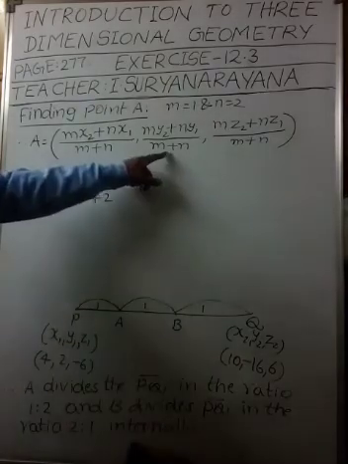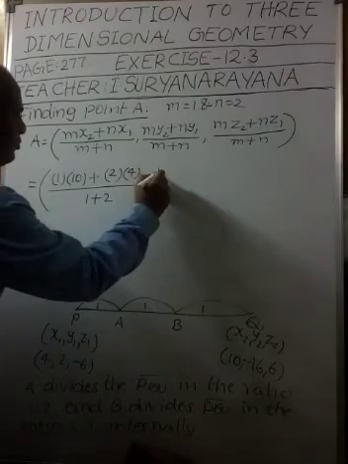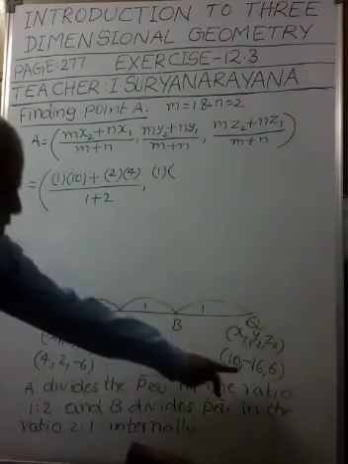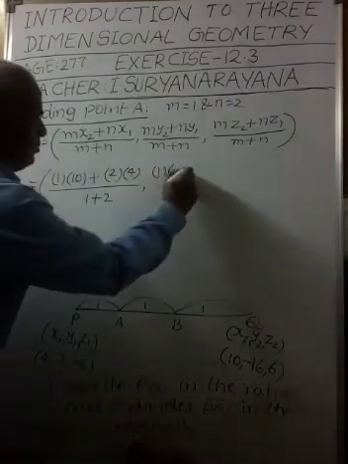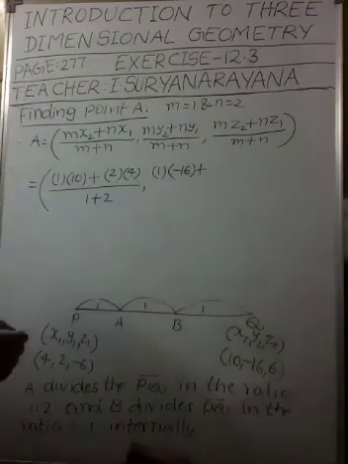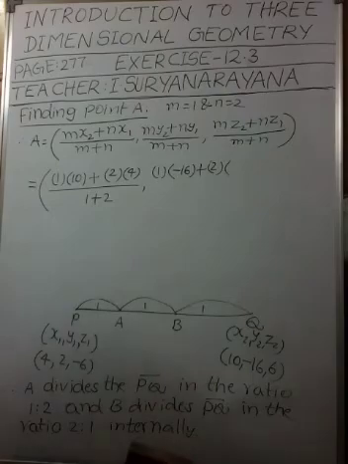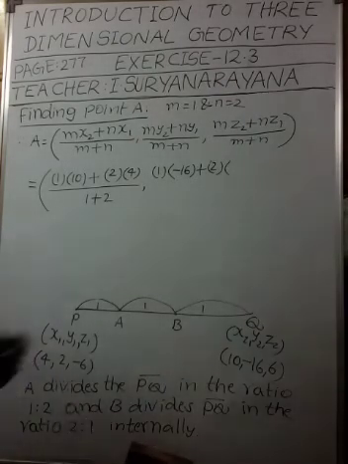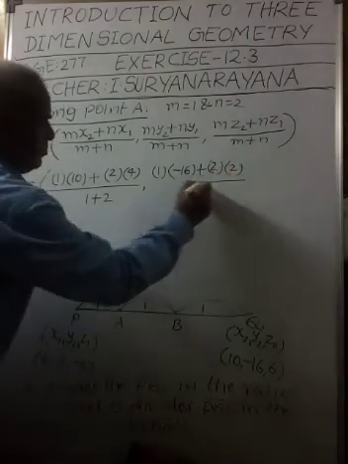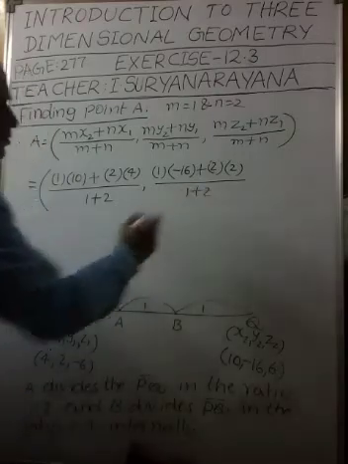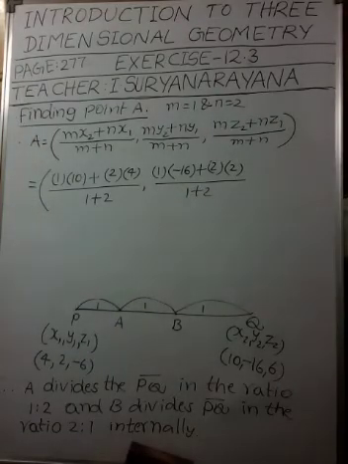Similarly, y coordinate, m y2, 1 into y2, minus 16, plus n into y1, 2 into y1, that is 2, by 1 plus 2, m plus n.